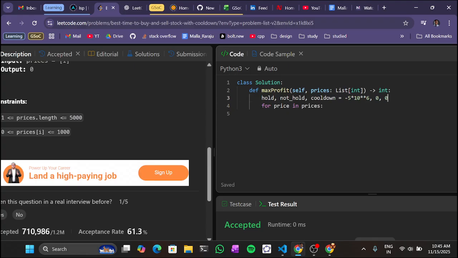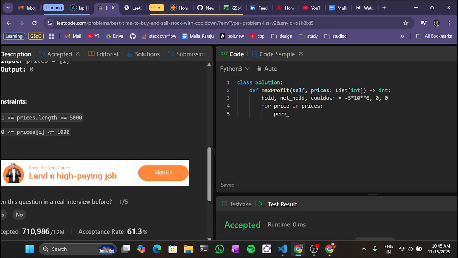So initially we are not holding anything, so our cooldown is 0. Let's see.